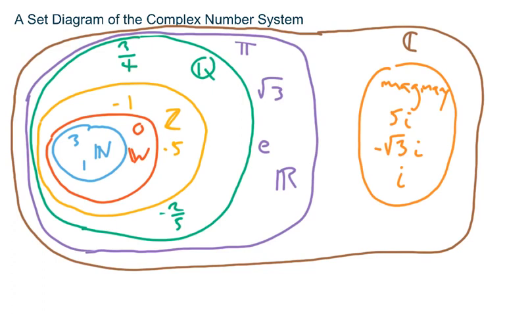And included in the complex numbers are not only just the purely real numbers and the purely imaginary numbers, but any number that is a combination of a real number and an imaginary number, like that or like this. So those qualify as complex numbers as well. The complex numbers contain all of these things. So, quite amazing.